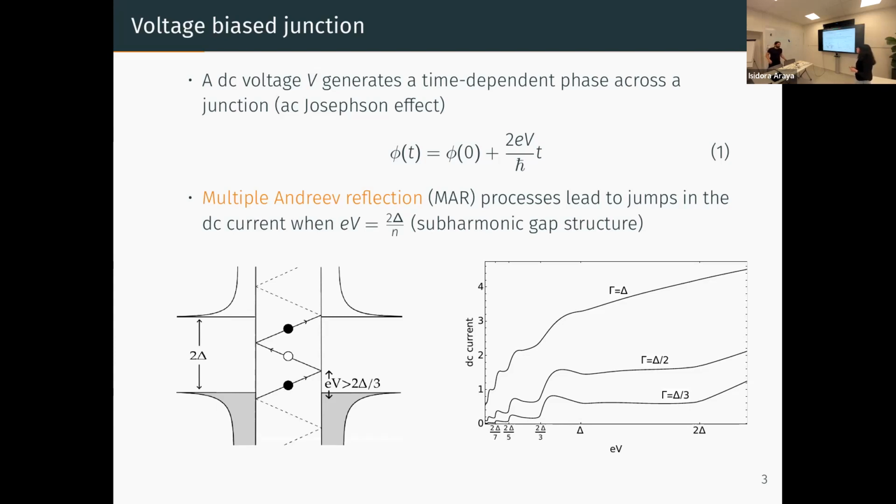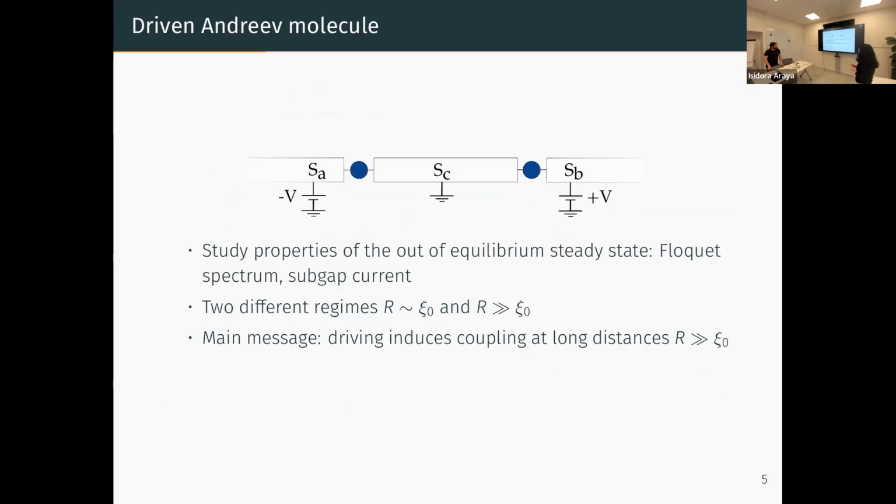Which one did you consider? Okay, so here I calculate the current from dot 1 to superconductor 2. So to one of the leads. Yeah, like from dot 1 to C, for example.